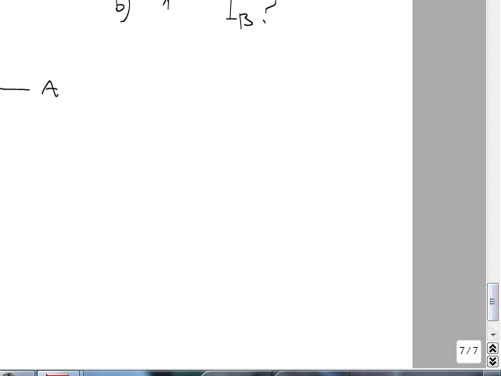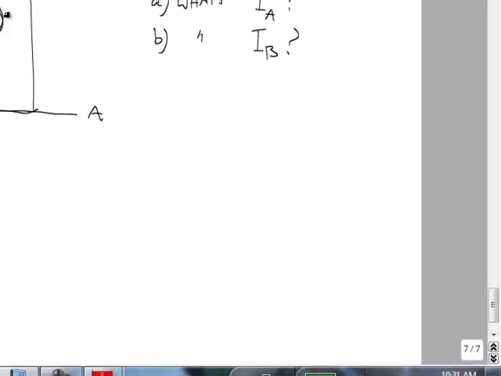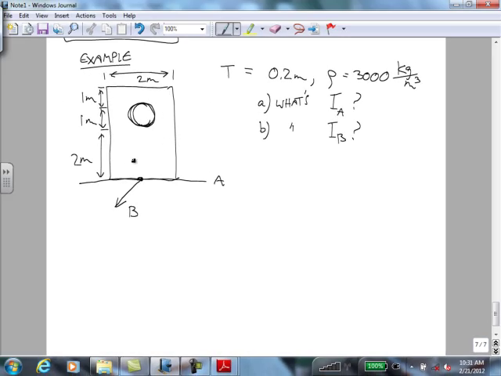We're going to use parallel axis theorem to translate it down to here. We're going to calculate the moment of inertia of the circle about its center. Parallel axis theorem to change the axis to here. And then we're going to subtract those two. Okay? So it's a bunch of steps, but conceptually, it's not too hard.